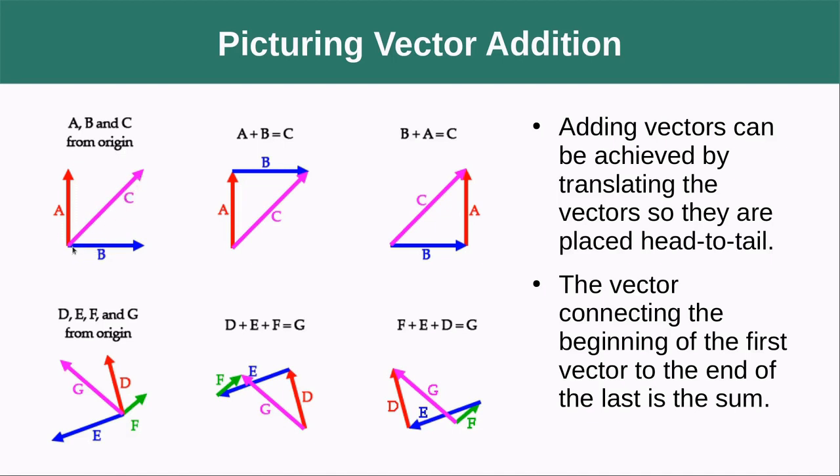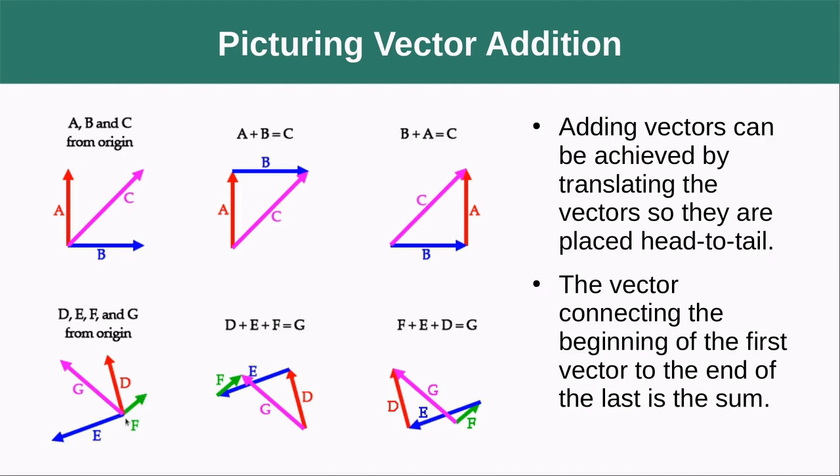Well, if I put these two heads to tails, then it's going to start off at the origin of the C, and it's going to end at C. So if I move B up so that its tail meets A's head and then come over, I get C, and it doesn't matter if I move B up or if I move A over. Both of those arrangements are going to yield the same vector C.